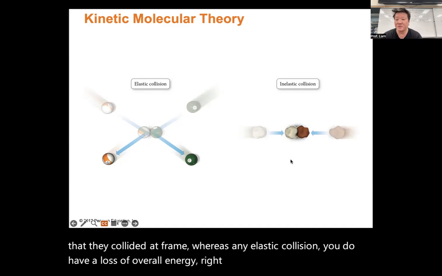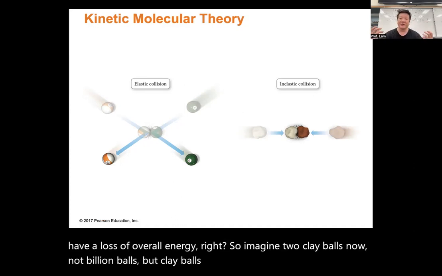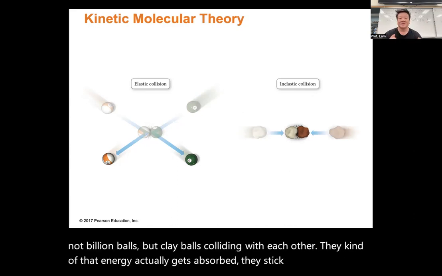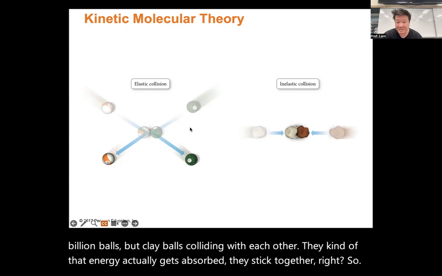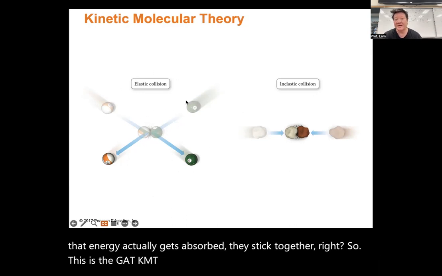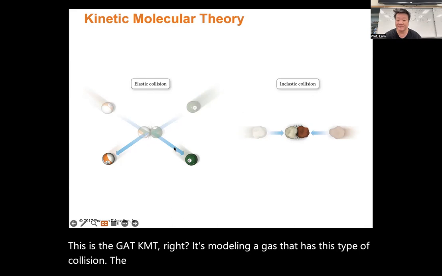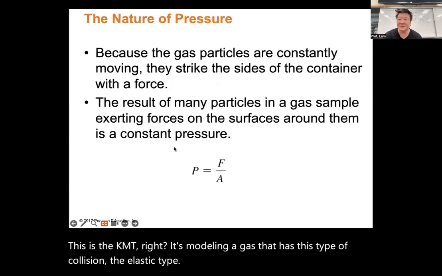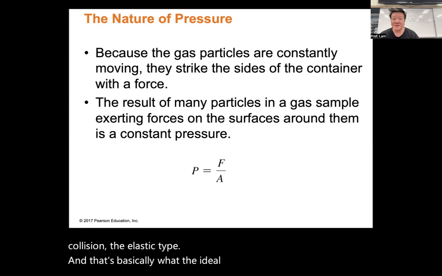So imagine 2 clay balls now, not billiard balls, but clay balls colliding with each other. That energy actually gets absorbed, they stick together, right? So this is the KMT, right? It's modeling a gas that has this type of collision, the elastic type, right? And that's basically what the ideal gas law is based on, right?